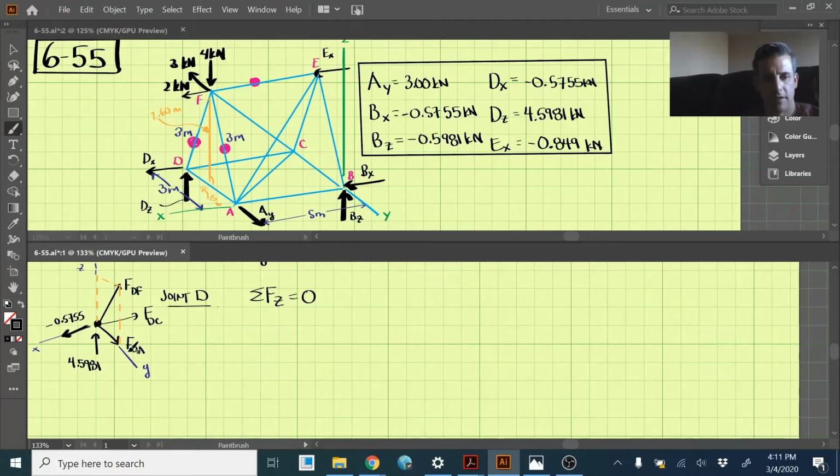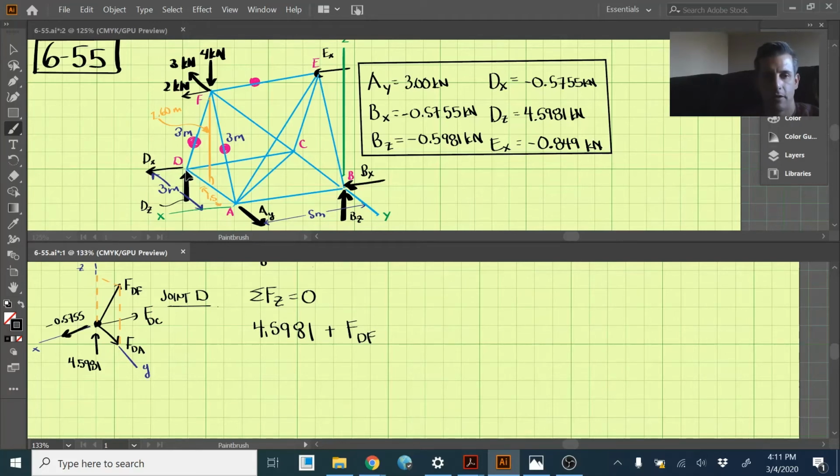Okay, so the sum of the forces in the z direction: FDC and FDA are both not going to have any contribution to the forces in the z direction, and neither is this force here. So we have a positive 4.5981 plus a component of FDF, all right?